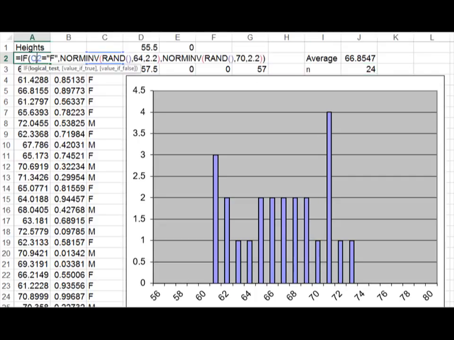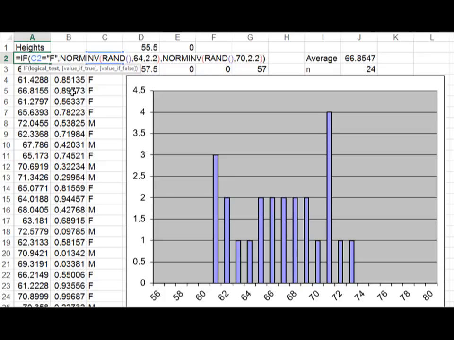Now, this is a complicated formula that I use to create the heights. And essentially what it says is, if the gender found in cell C2 is F for female, then we're going to randomly create a height from a normal distribution with an average of 64 inches and a standard deviation of 2.2.